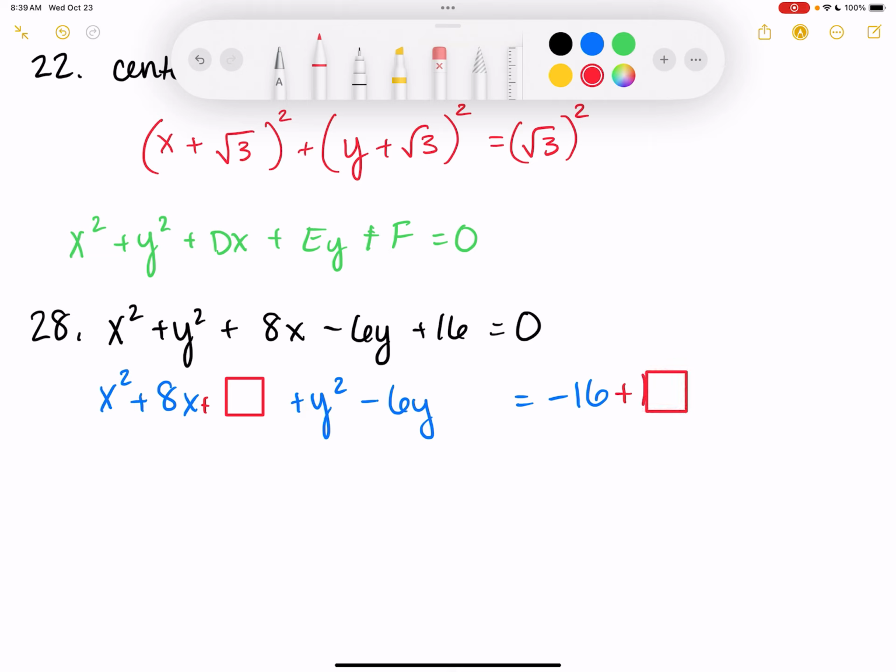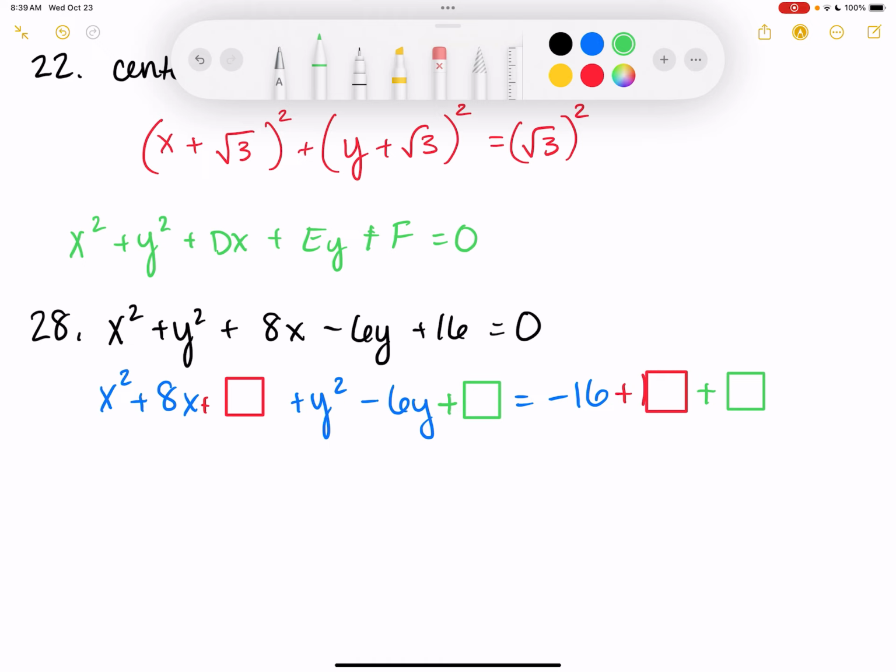I have to do it again, so I'm also going to add a box for the y, and whatever I do to one side, I have to do to the other. So when it's all said and done, I'm actually adding 2 boxes to do this. But I'm going to be working independently on each thing, but it's going to produce one answer for me.